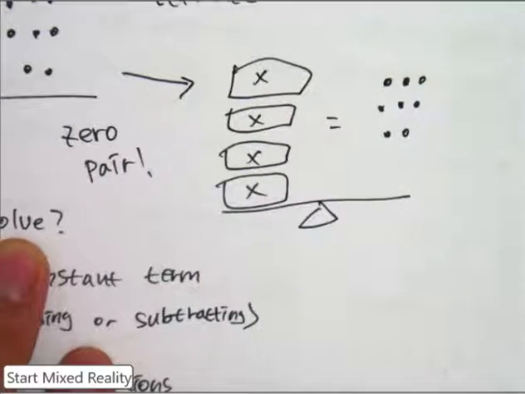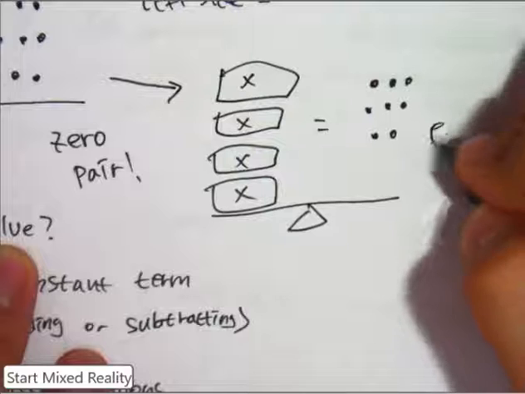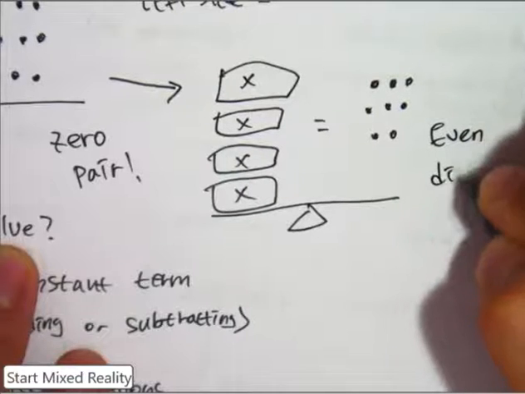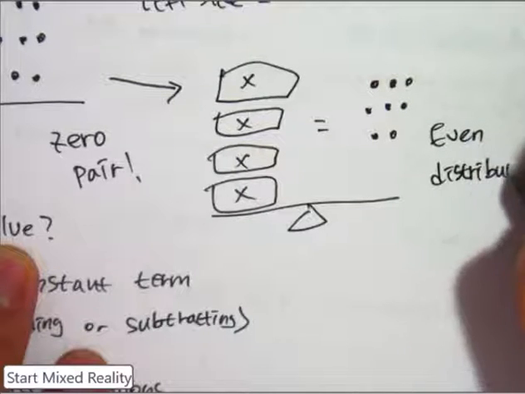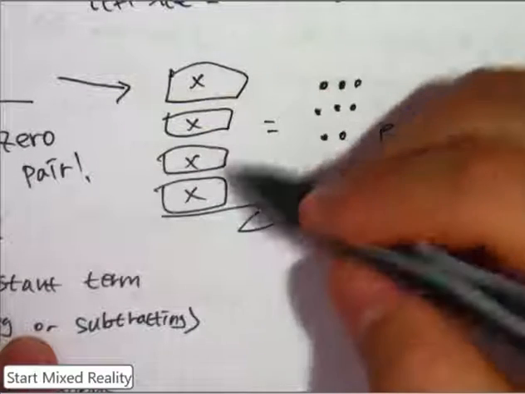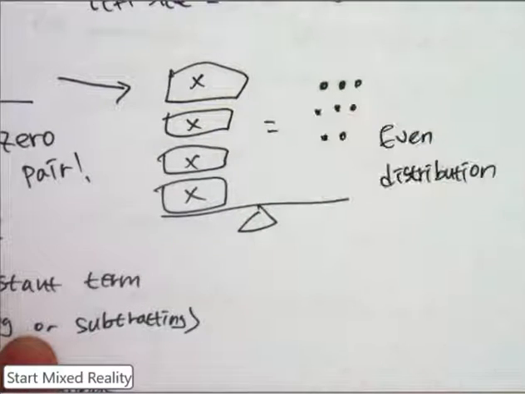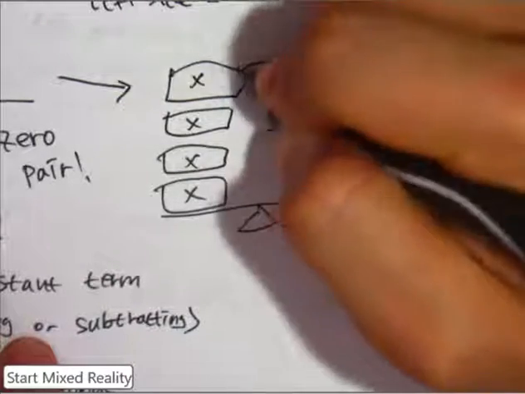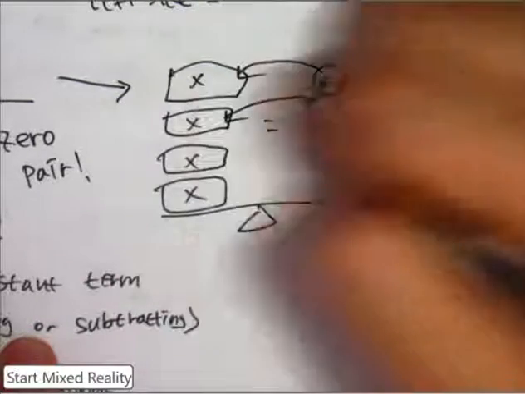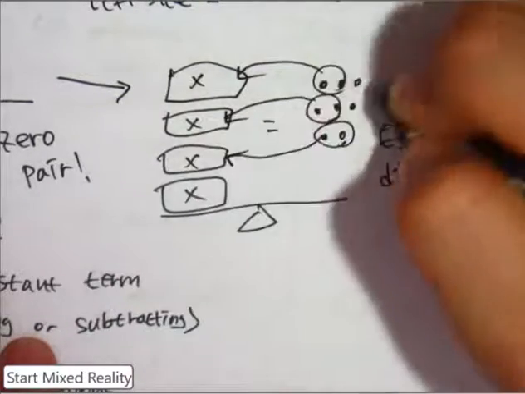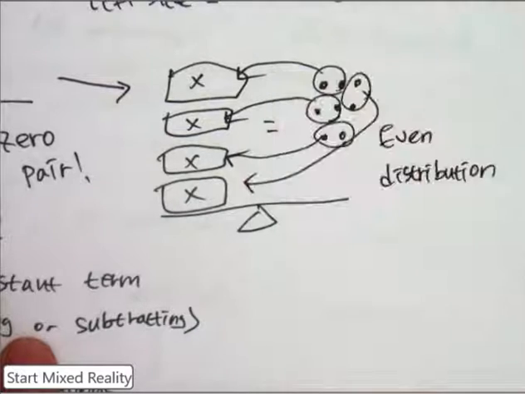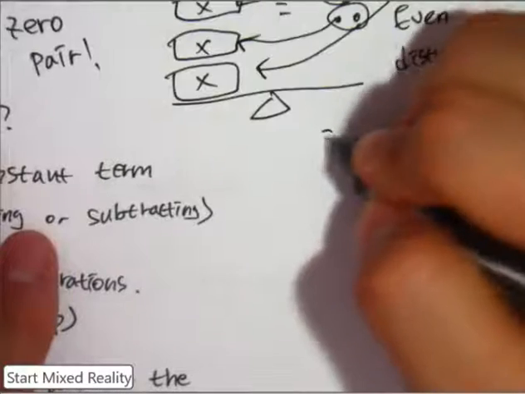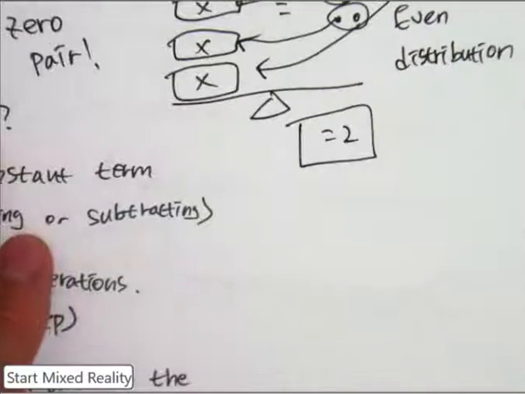Now, at this point, if you guys remember, we need to do even distribution. So how can we distribute these 8 tiles evenly to each of them? Well, you can distribute 2 at a time to have a fair distribution, so your answer becomes positive 2.